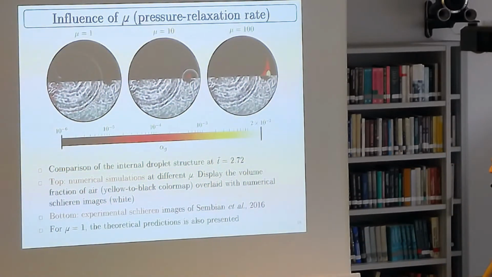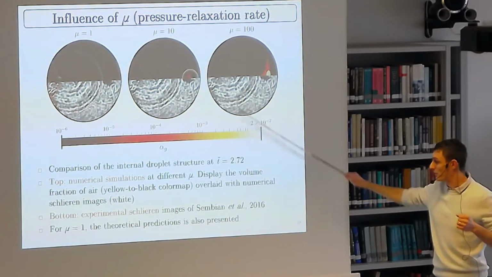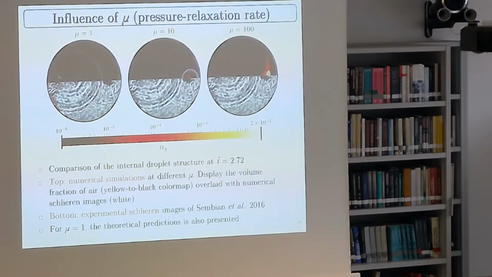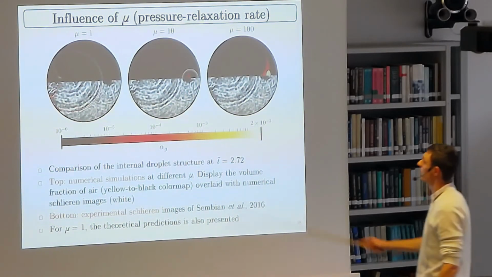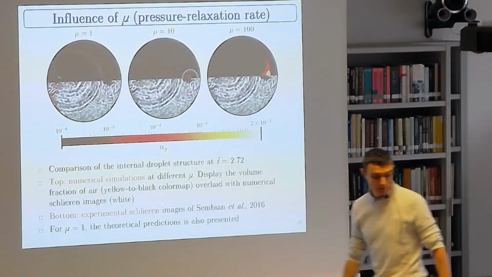These images, all the experimental images, are based on Sembian. So we see that the right value must be between these two, right? We want the cloud, but we also want those waves.